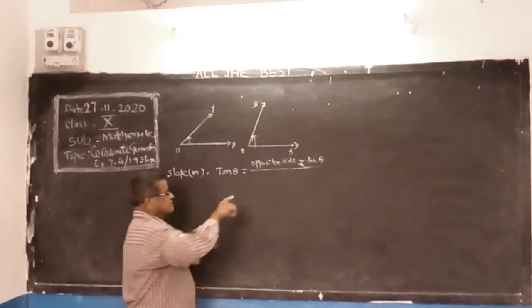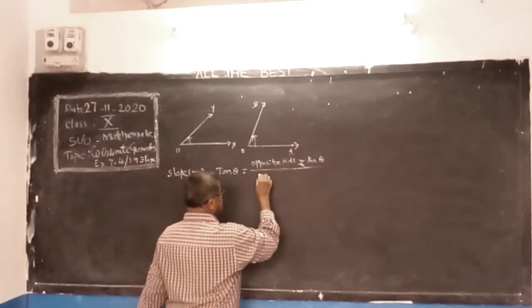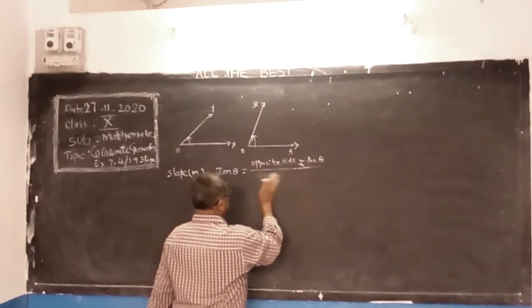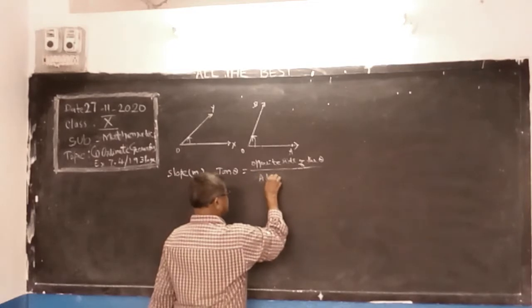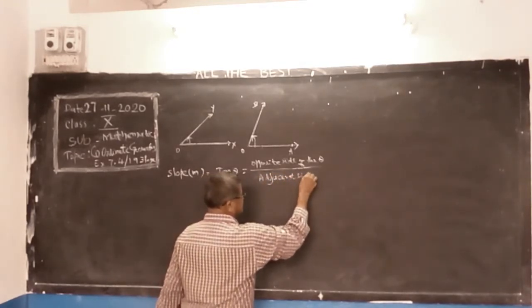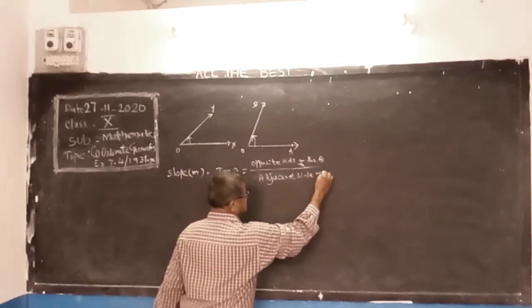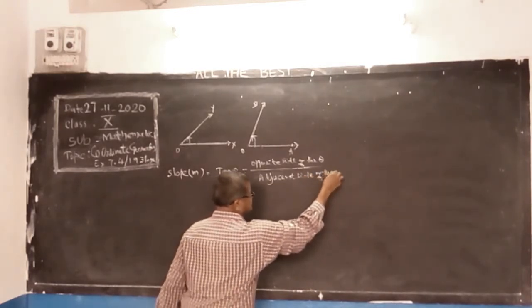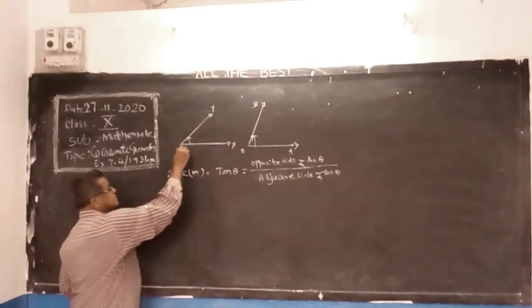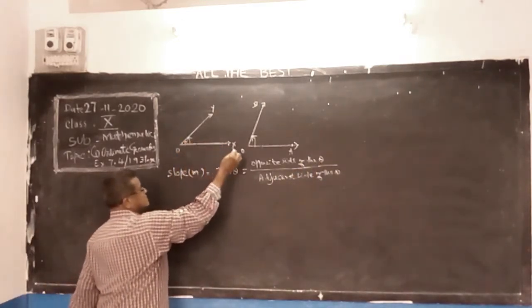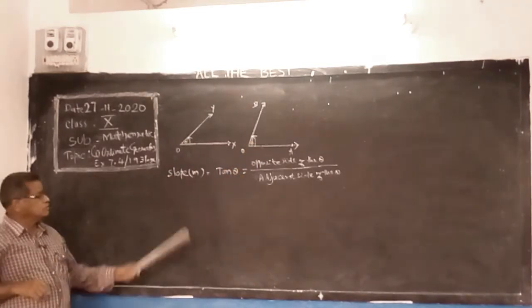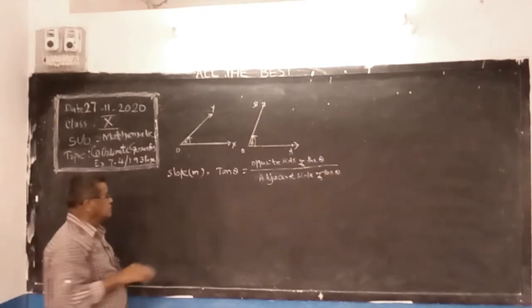So tan theta is the opposite side of the angle by the adjacent side. Sorry, not hypotenuse, adjacent side. Adjacent side of the angle theta. Theta is the angle. So this is a derived formula.